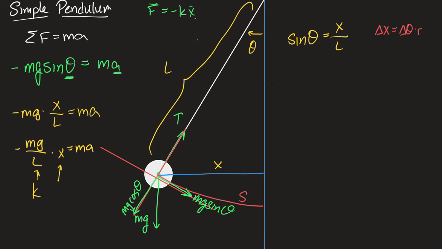Delta x is how much something has moved in an arc. S is the delta x in this formula. Theta is the delta theta in this formula. L is the radius in that formula.